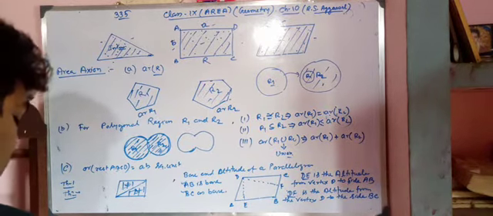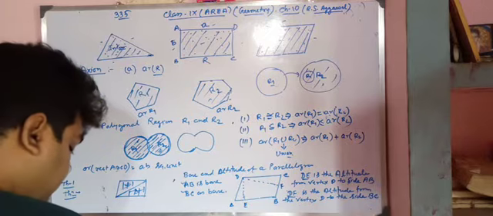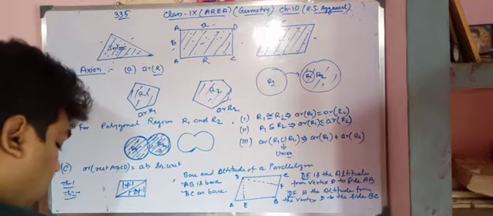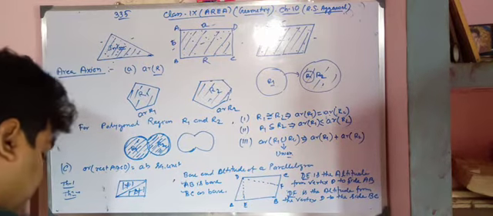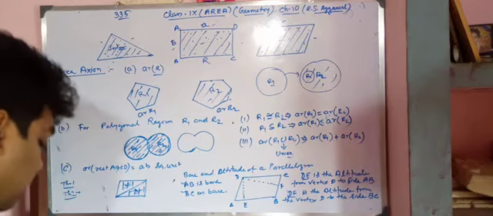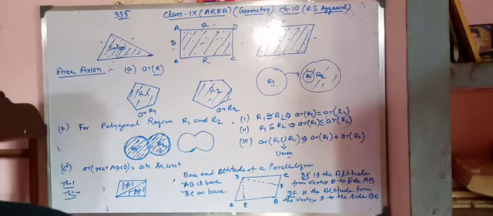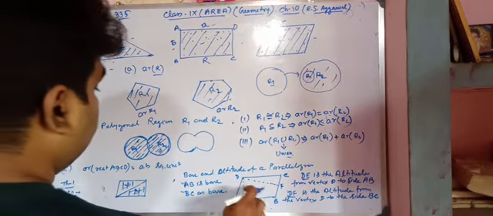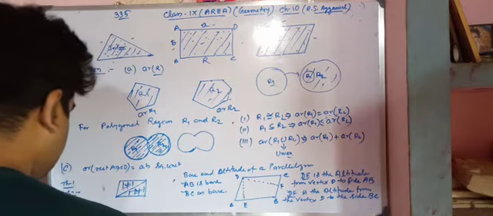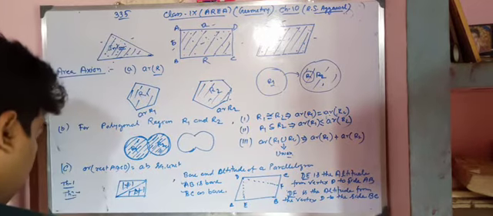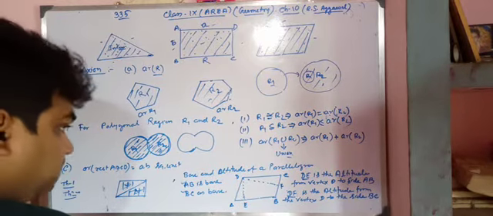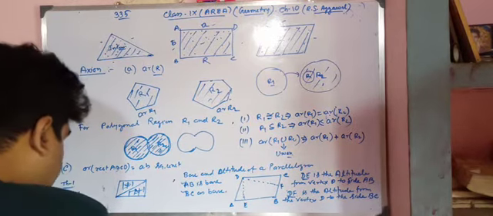Here one corollary is given: a parallelogram and a rectangle on the same base and between the same parallels have equal area. You have to remember that. Next, corollary 2: the area of a parallelogram is equal to base into height. Next, another corollary: parallelograms on equal bases and between the same parallels are equal in area. The proof is given.